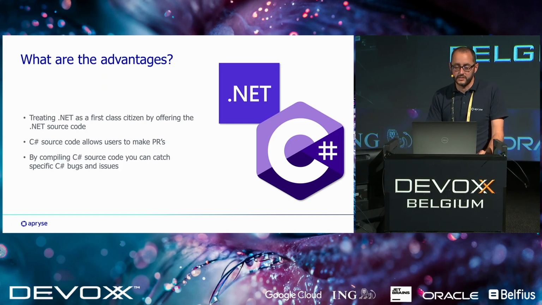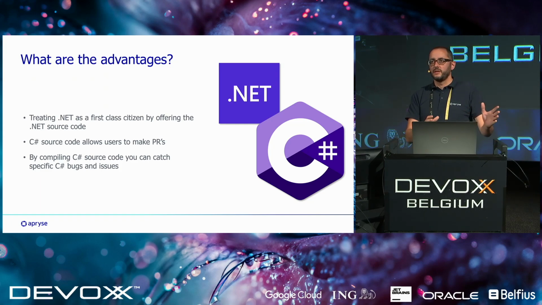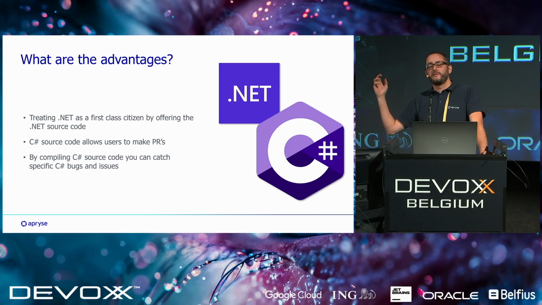One note to make is that we will softly and gently guide you to make your pull request on Java, offer some assistance there, so that you can be caught up in the whole Autoport process. And as a bonus, if you compile C# source code, you also catch C# bugs, of course, which then feed back into the Java build.